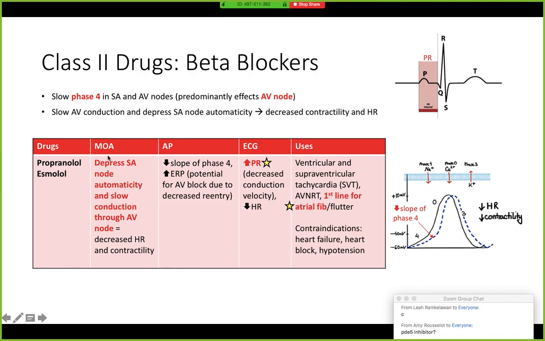With our class 2 drugs, we're depressing the SA node automaticity and slowing the conduction through the AV node. By slowing the conduction through the AV node, you're going to see an increase in the PR interval.